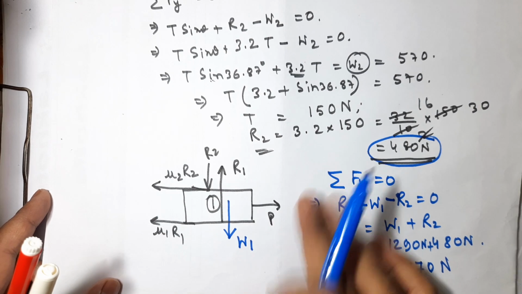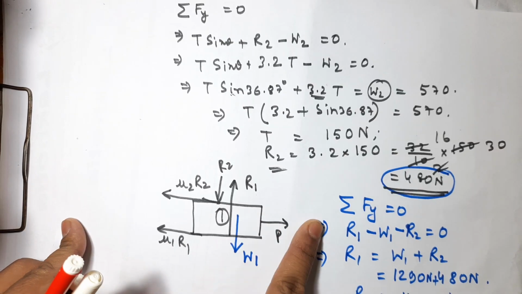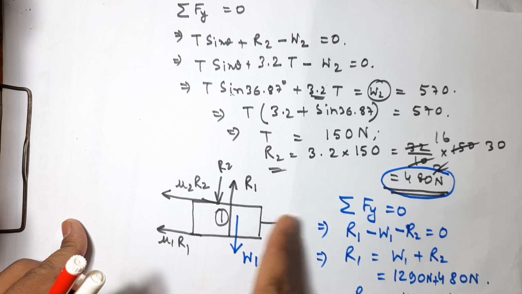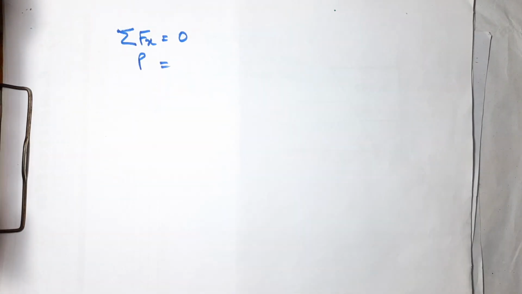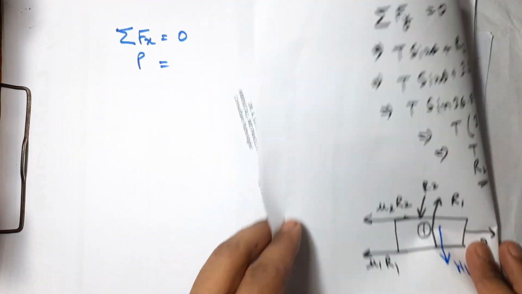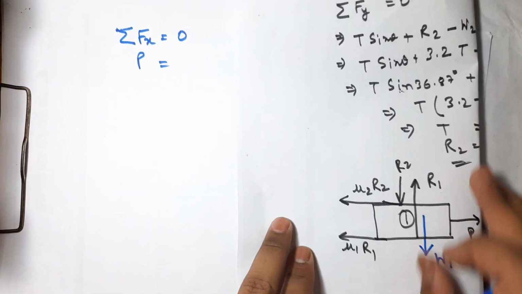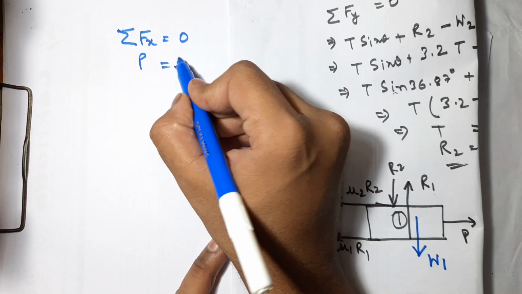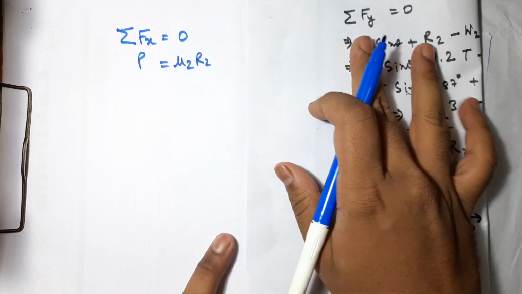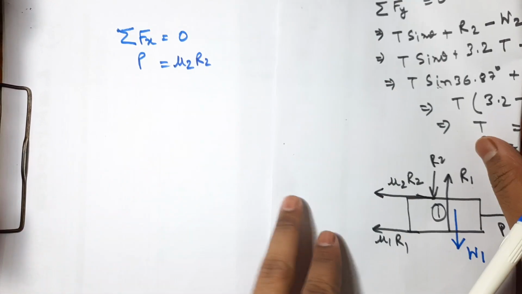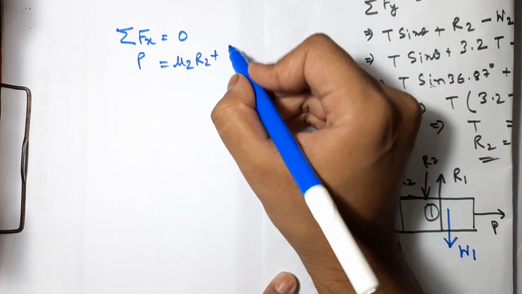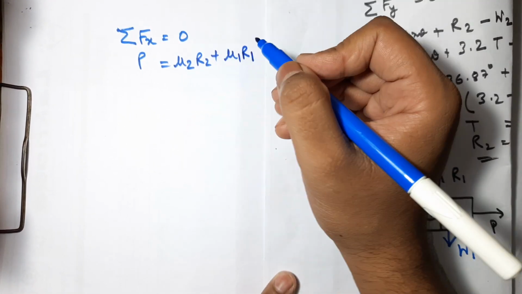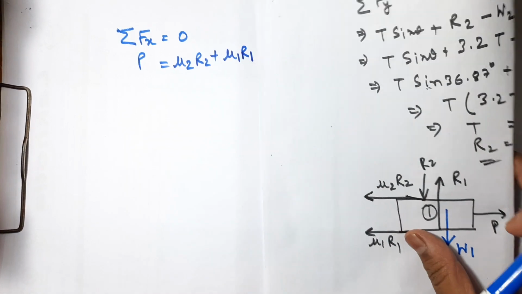So I can directly write positive direction force is equal to negative direction force. So P is equal to mu2 R2 plus mu1 R1. So these things I can write.